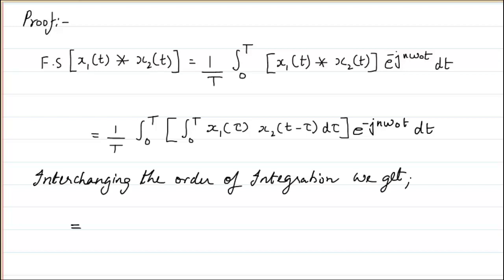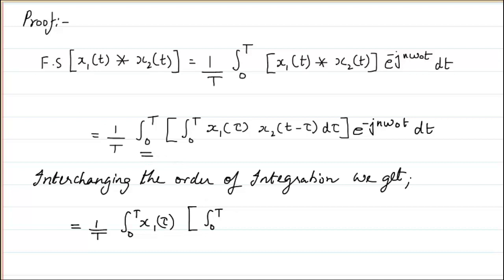Next, interchanging the order of integration, we get the 1 by T as such, there is no issue, that's the constant value. Then we take the tau terms outside, so 0 to T x1 of tau we take outside, and the remaining t based terms we put inside.